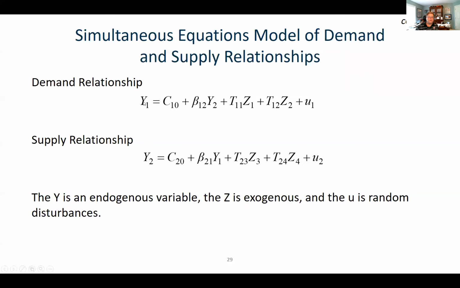And while we didn't talk about rank conditions, a fellow by the name of Bosman, who used to be at Texas A&M University, provided a test for over-identifying restrictions. The null hypothesis is that each equation is not identified, and in this case, you would like to reject the null hypothesis just as we've done here.